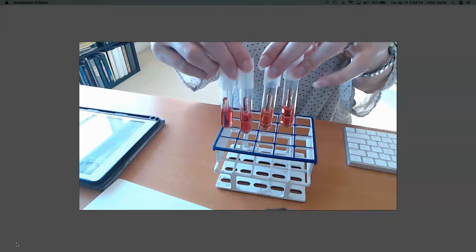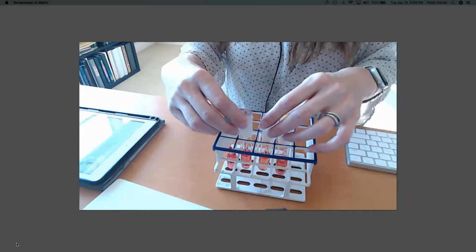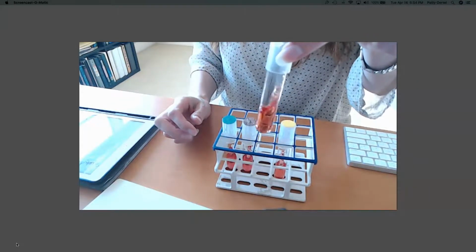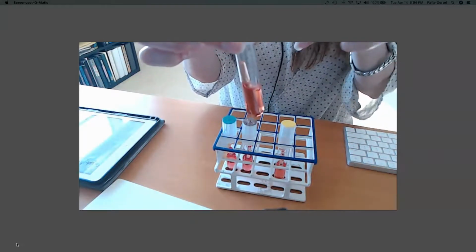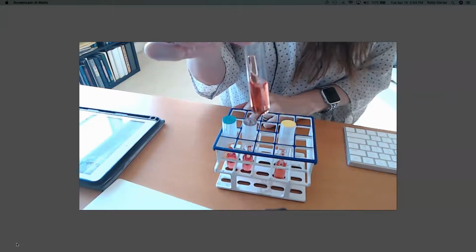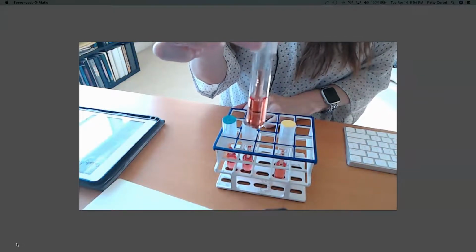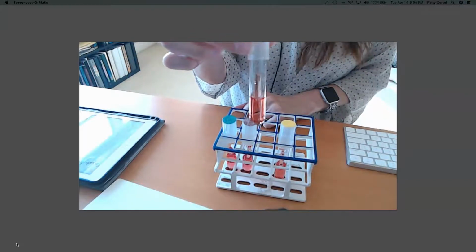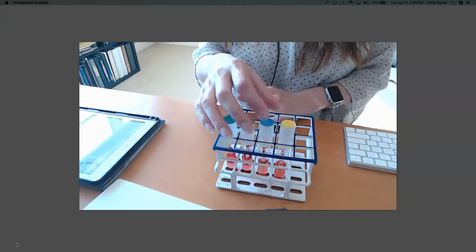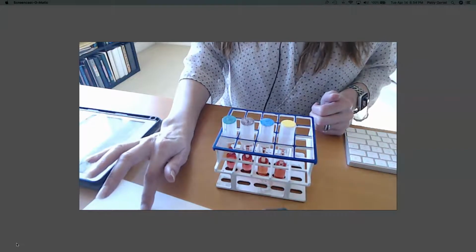But there is something else that maybe you noticed. It is a little inverted glass test tube that is inside of my larger test tube. Okay, so let's go ahead and analyze what this is.